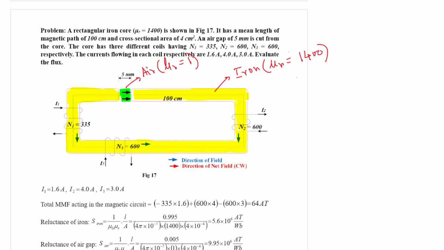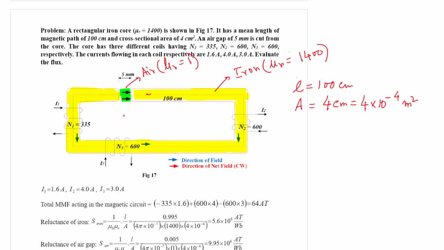Its mean length of magnetic path is 100 centimeter, and the cross sectional area is 4 centimeter square, or you can say 4 into 10 to the power minus 4 meter square.